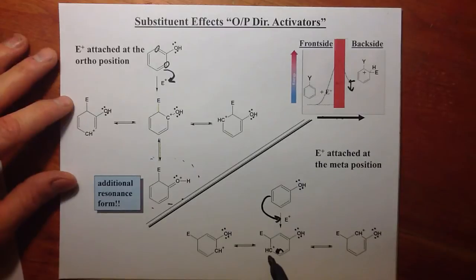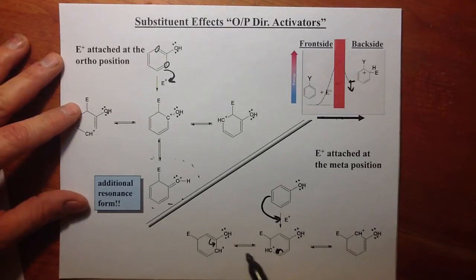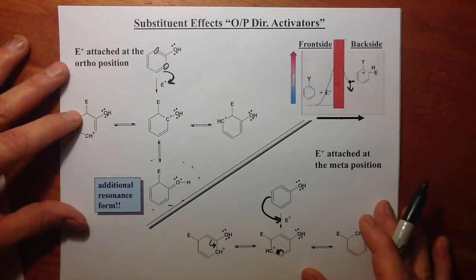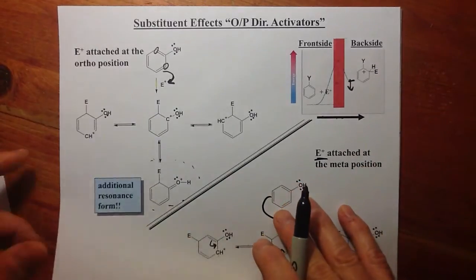We can still have pi to pi transition, putting the positive charge here, and then a pi to pi transition, moving the positive charge to here, but it never lands on this carbon. We can't make use of the additional resonance form if we attach the electrophile to the meta position.